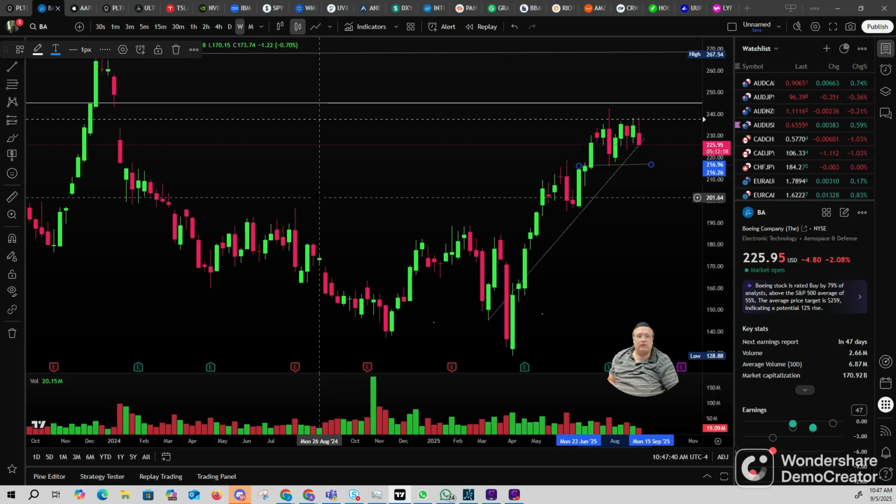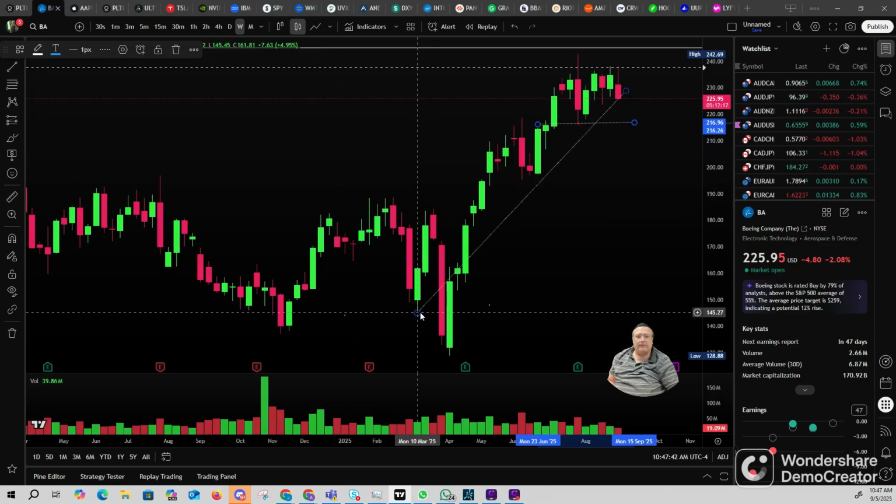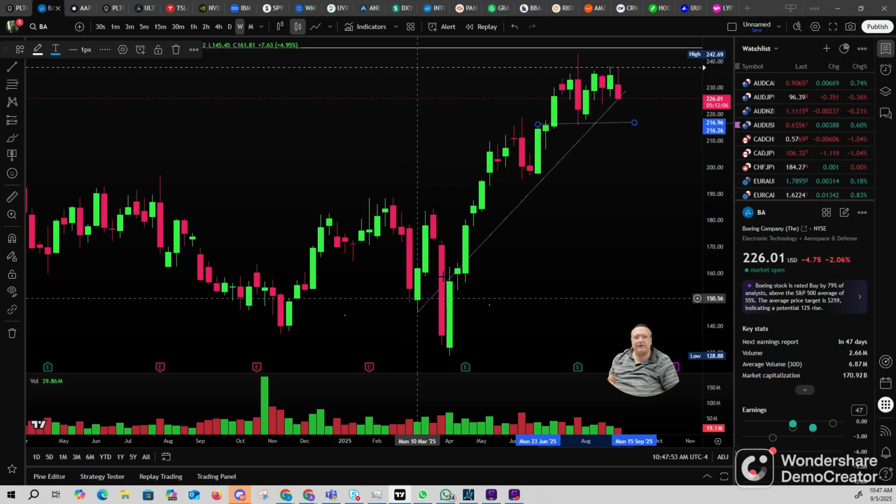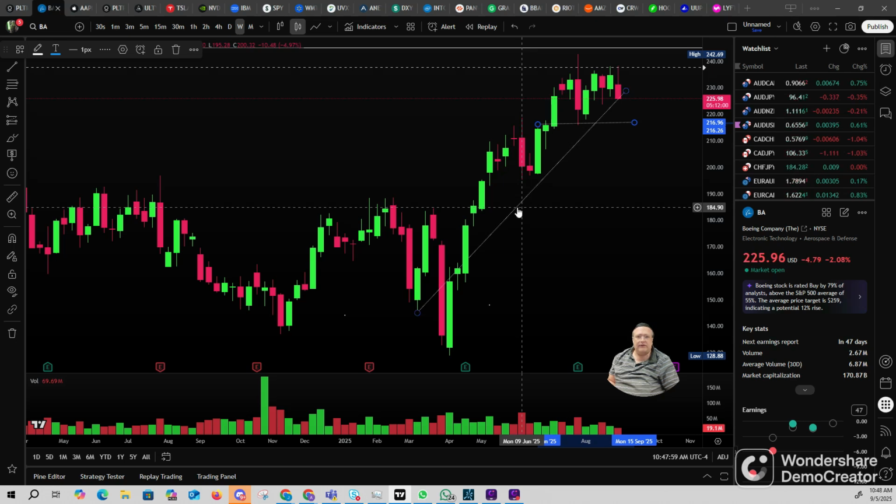If we take a look on the weekly, you can form a trend line over the last couple months. It traded, but again, that trend is within that range that we're talking about. So it's significant to a certain degree, but not as significant as the long term chart.